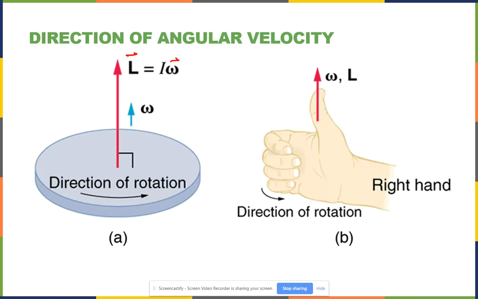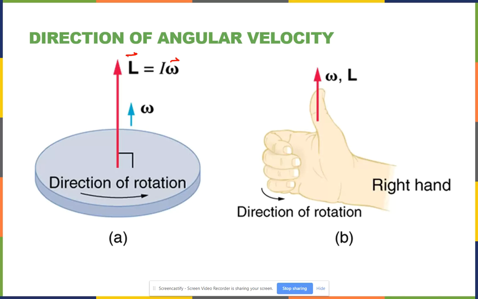So if I wrap my fingers in the clockwise direction, they're pointing into the clock. And so according to physicists, the second hand's angular velocity is into the clock. I can't say the direction it's traveling. I have to be more precise. The angular velocity is into the clock. And traditionally, that would be called negative.